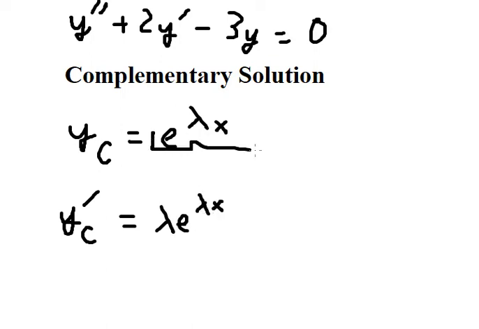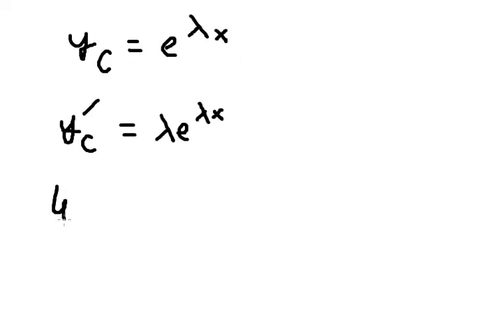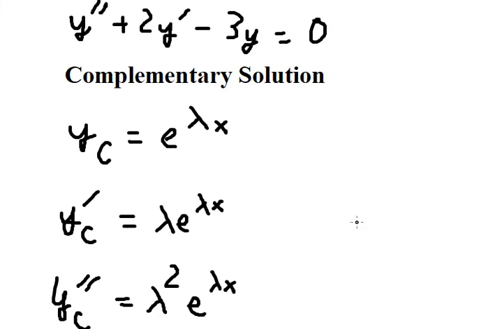For the first derivative, we keep the same e to the power of lambda s, then differentiate lambda s and you get lambda. Now we go to the second derivative of yc and we have lambda squared e to the power of lambda s.